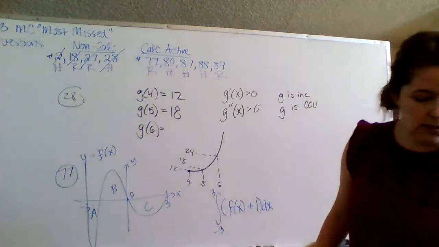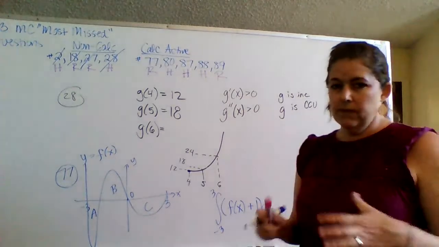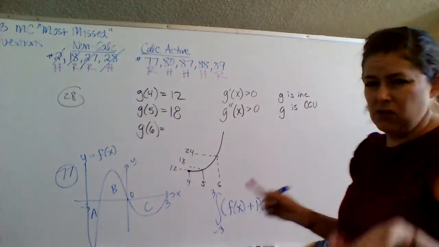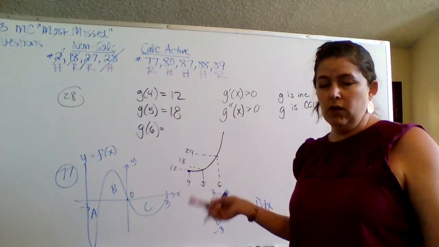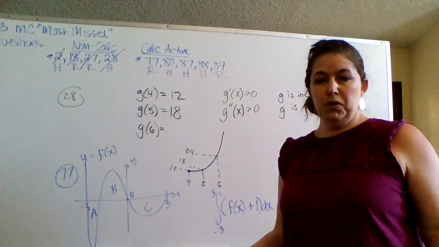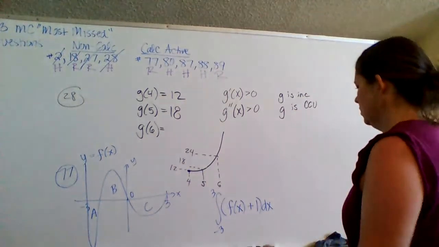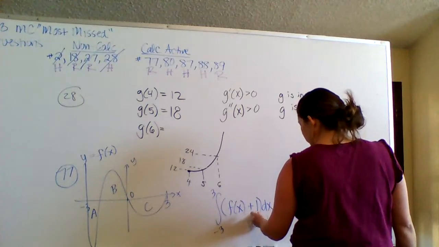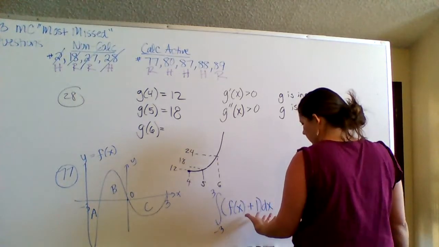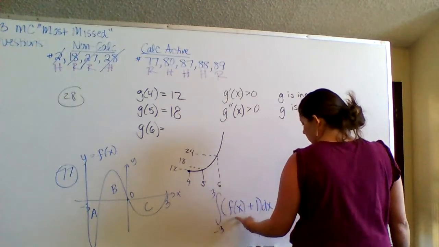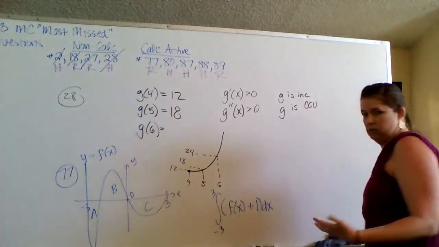So again, you guys, this is something that in a typical year you'll see on the multiple choice part, whether it's calculator or non-calculator, and they want you to understand that line that I always tell you, that calculus is beautiful. If I'm trying to do a definite integral, and I have something in function notation, but I'm adding or subtracting something else that's not in function notation, isn't the definite integral of a sum just the sum of the individual definite integrals?